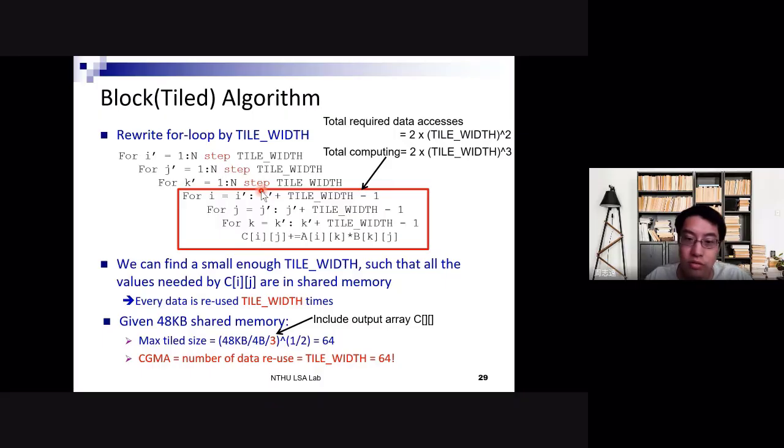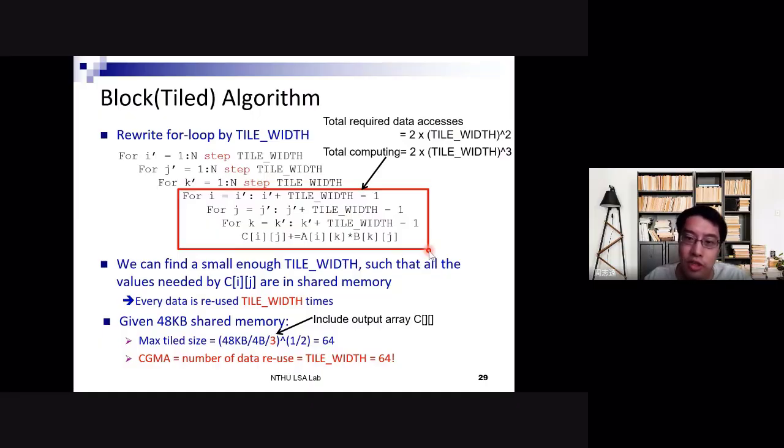So the ratio will definitely remain the same. So we only need to analyze the CGMA ratio from a single tile as shown over here. Okay. And of course, you can analyze it many ways, like look at per thread level or just look at globally. You should get the same results.